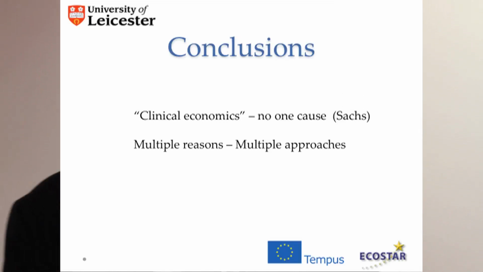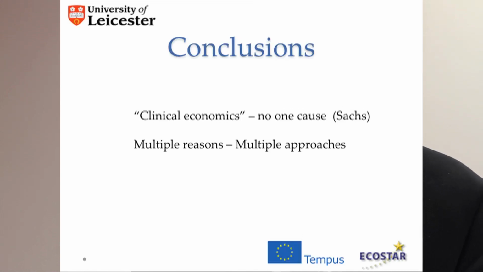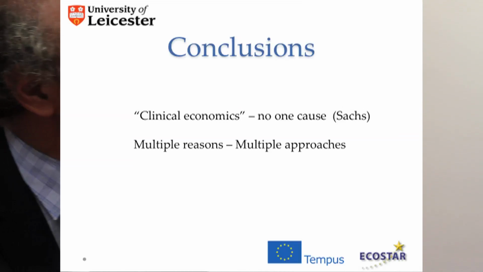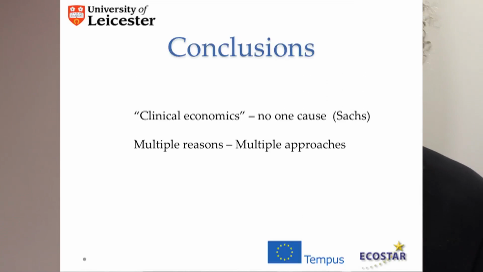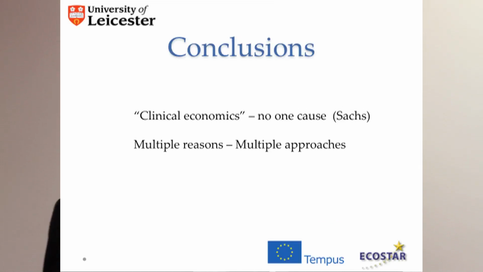is, I think, that nowadays people think that actually it's not any one of these reasons. There are multiple reasons, there are multiple causes, and what we have to do, as Jeffrey Sachs says, is use what he calls clinical economics. That if we have a medical issue, we don't diagnose the whole population and say, you're ill, therefore you must have an antibiotic.